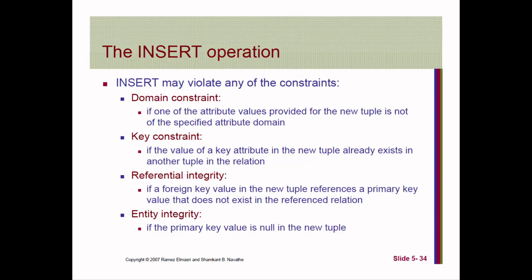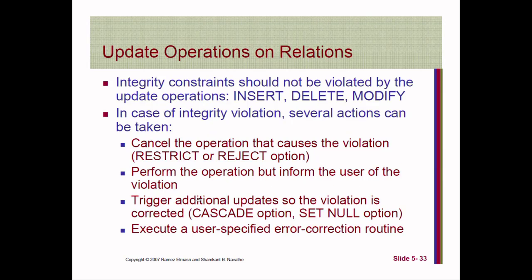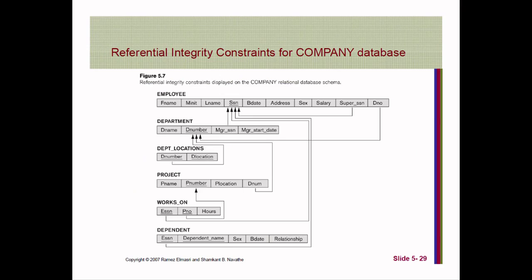There is a third option that is possible, which is the set null option, meaning the foreign keys of the referencing tuples are set to null. So again, going back to the example, if you use the set null option, when we are deleting the D number 5 from the department table, when we delete that tuple with D number 5, those 10 employees which are referencing D number value 5, they are set to D number null.